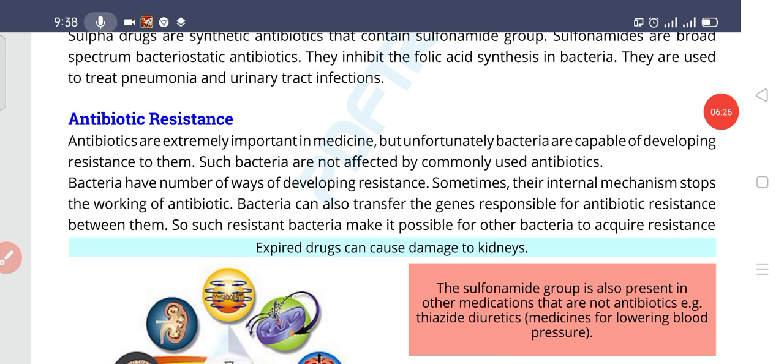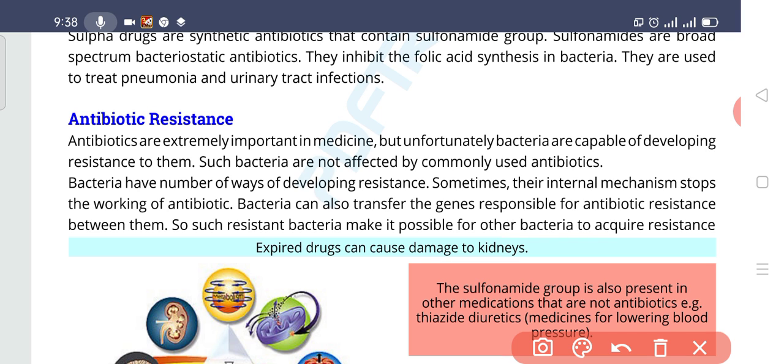So students, it is not always happening that bacteria are only killed by the antibiotic; some bacteria also develop resistance against the antibiotic. This means that the antibiotic is no longer able to stop the growth or to kill the bacteria.